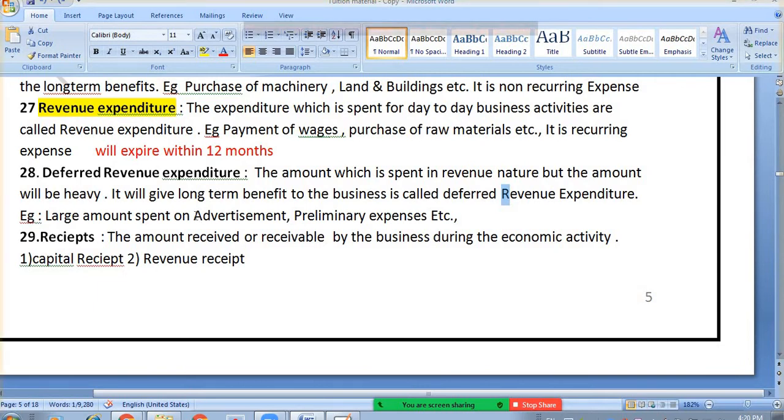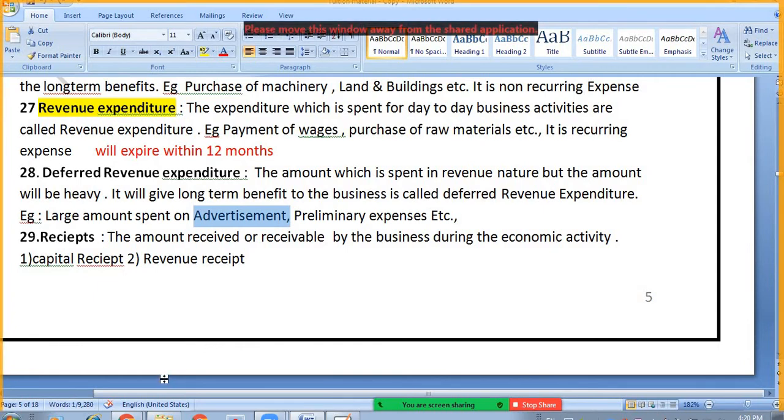Advertisement. Generally advertisement is a regular activity for the business. Sometimes the business will spend huge advertisement expenses.